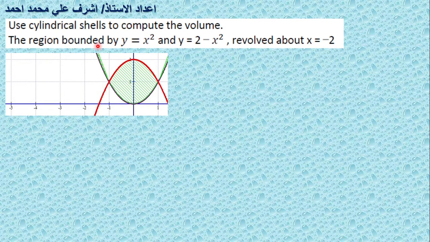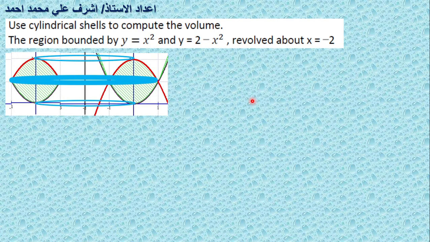So y equals x squared is a parabola opening up and its vertex is 0, 0. The other curve, y equals 2 minus x squared, is a parabola opening down and its vertex is 0, 2. So this shaded area will revolve about x equals negative 2, a vertical line. When we revolve it, we get approximately this shape.